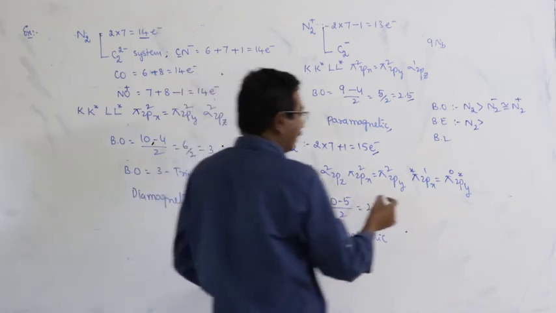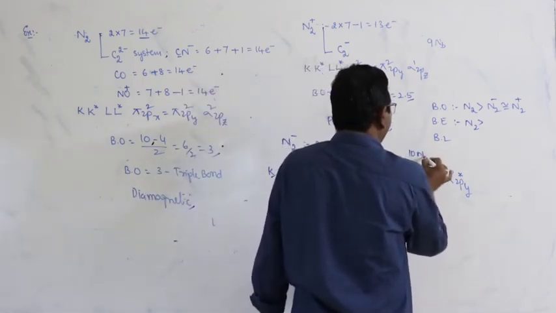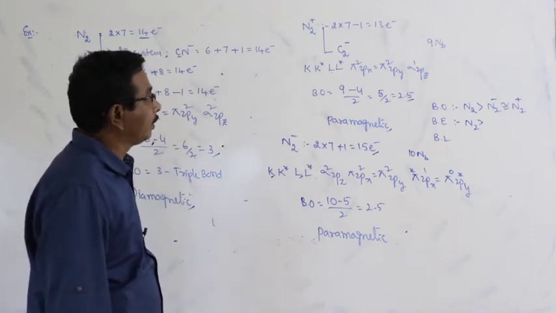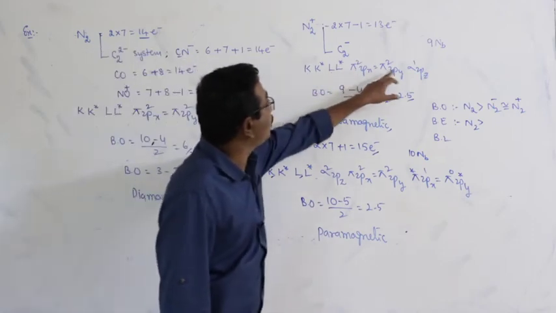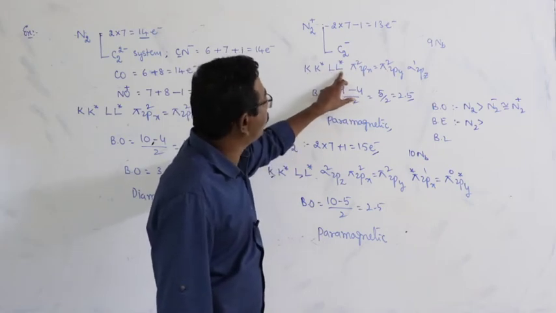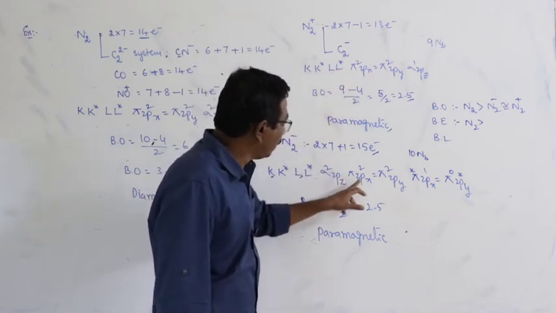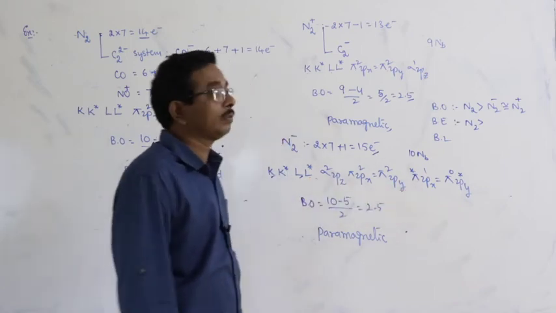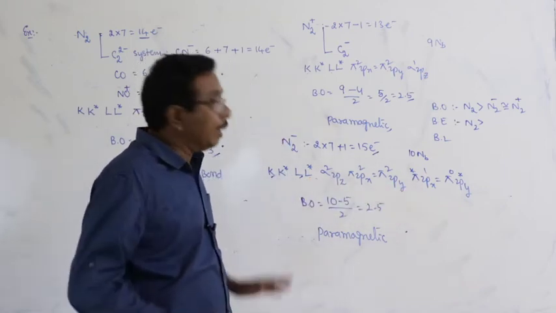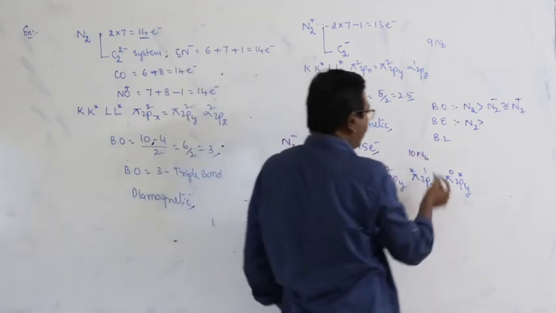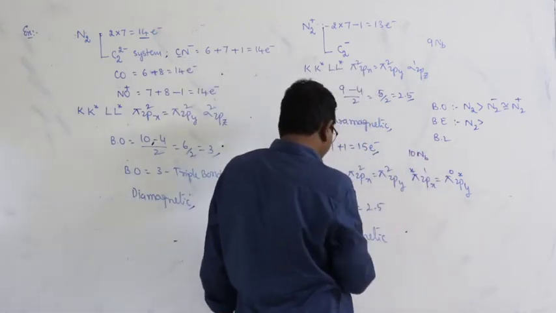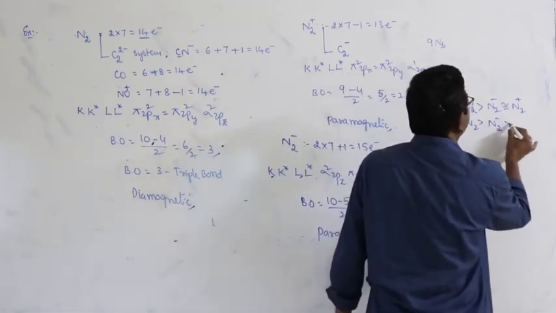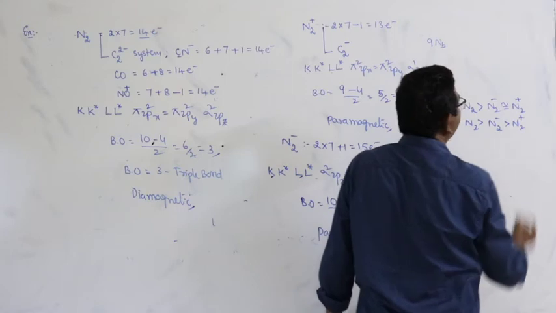Here 10 bonding electrons are there. Here antibonding electrons: 2 plus 2, 4, 4 plus 1, 5. Based on the number of bonding electrons, N2 minus has greater bond energy than N2 plus.